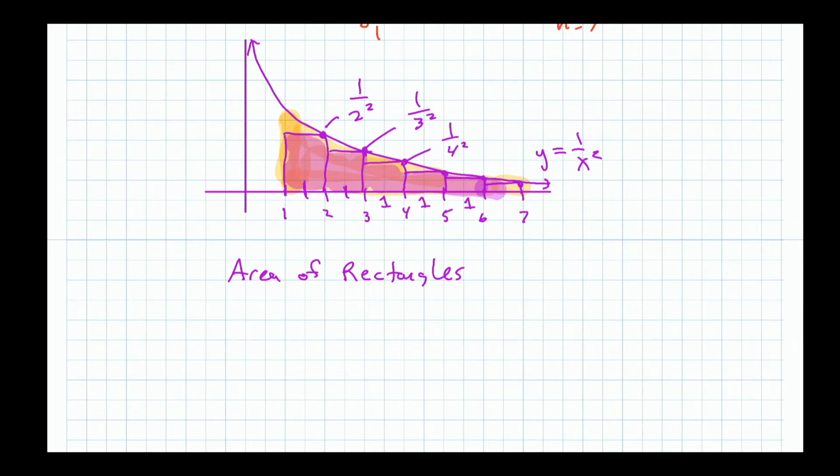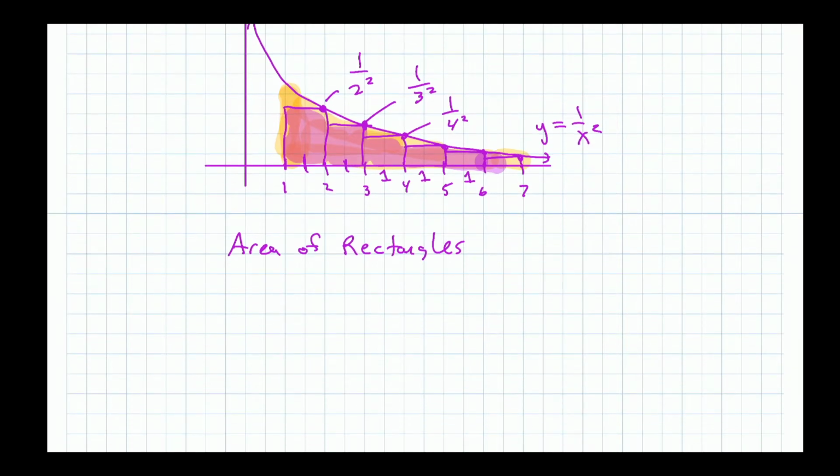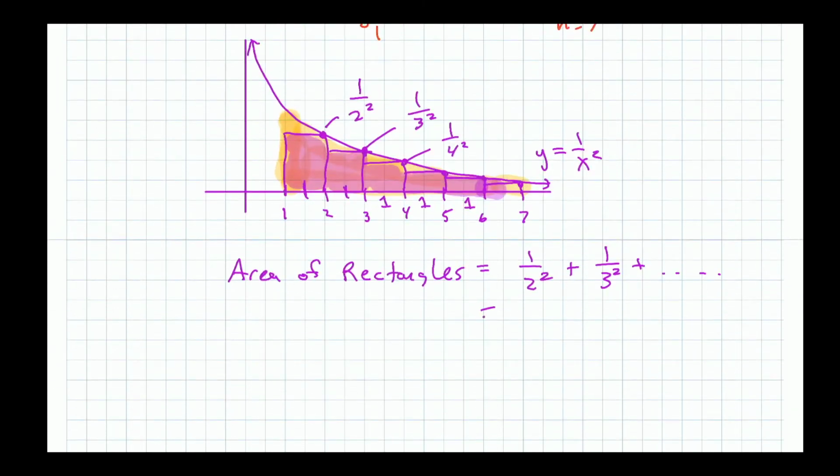It's mostly the same as the previous one, but if you add up these areas, it's 1 over 2 squared plus 1 over 3 squared plus dot dot dot. This is also a summation from 2 to infinity of 1 over n squared, isn't it? It is.